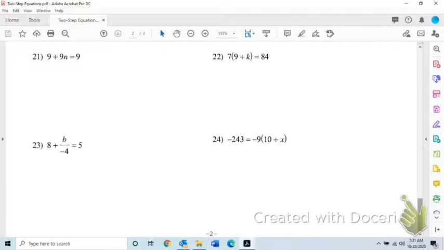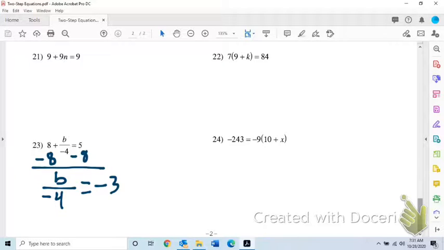Last two, so exciting. All the excite, people. We're going to start off with negative 8 on both sides. That gives us b over negative 4 equals 5 minus 8, and that gives us a negative 3. Now, b divided by negative 4. When you multiply here, make sure you're multiplying by that negative 4, because if not, you'll end up with a negative b.